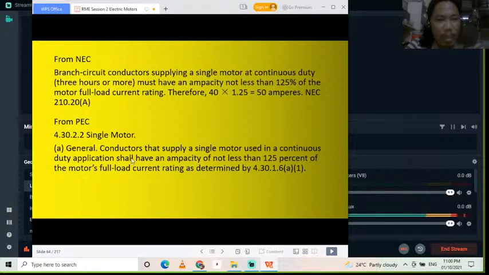General, conductors that supply a single motor used in a continuous duty application shall have an ampacity of not less than 125% of the motor's full load current rating as determined by 4.30.1.6a. Okay? So, yan po yun.